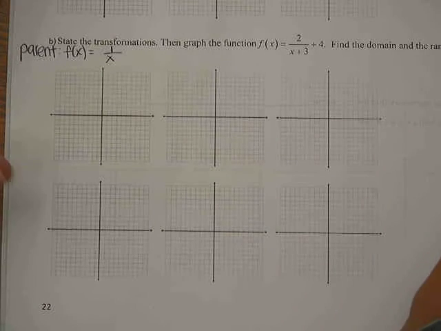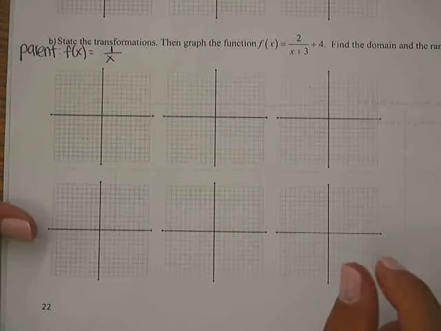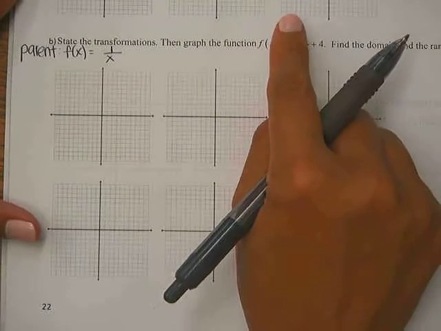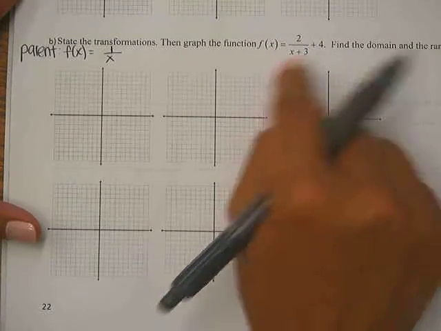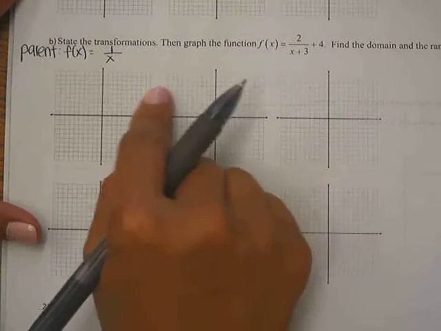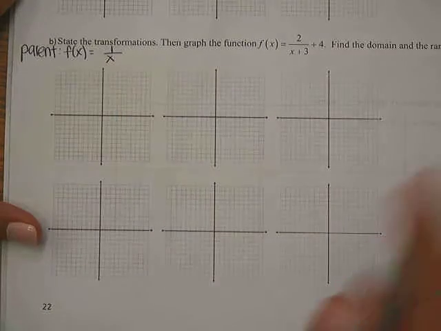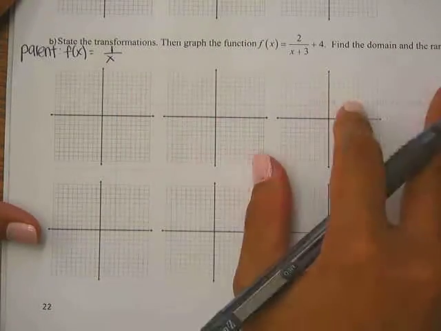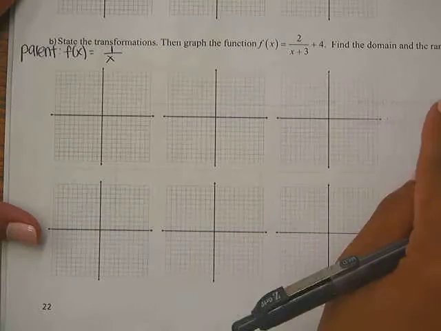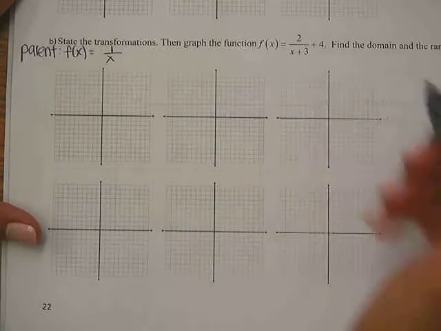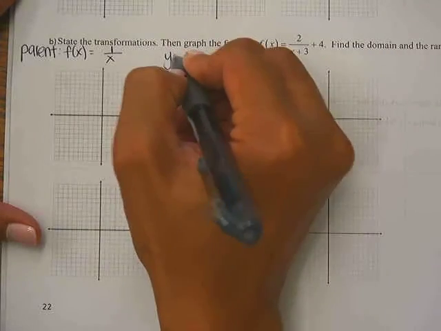Normally, I'm going to ask you to do the transformations from left to right. In this case, from top to bottom, and then left to right. I'm going to write all the equations out, and then we're going to come back as we go graphing it out. We will also be stating the transformations.